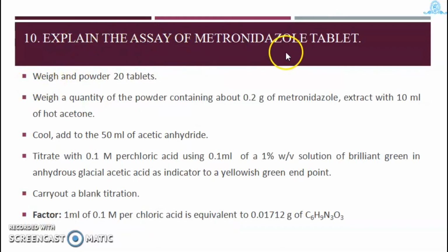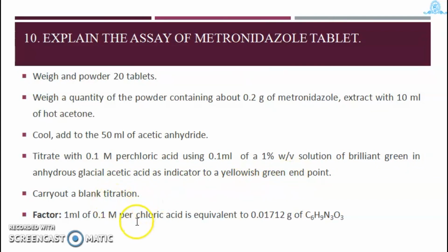Next question, explain the assay of metronidazole tablet. The assay procedure is, weigh and powder 20 tablets, then weigh a quantity of powder containing about 0.2 gram of metronidazole, then extract it with 10 ml of hot acetone, then cool and add 50 ml of acetic anhydride, then titrate this with 0.1 molar perchloric acid using 0.1 ml of 1% weight by volume solution of brilliant green as an indicator, which is prepared in anhydrous glacial acetic acid, which will show an endpoint yellowish green color.